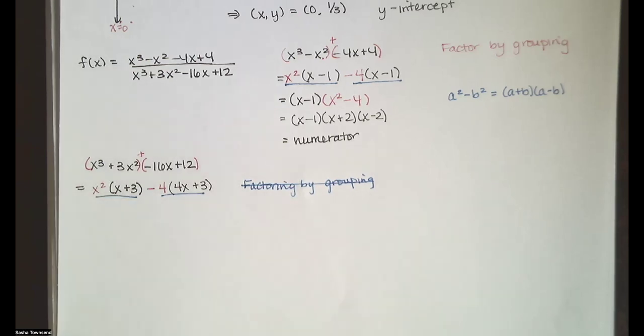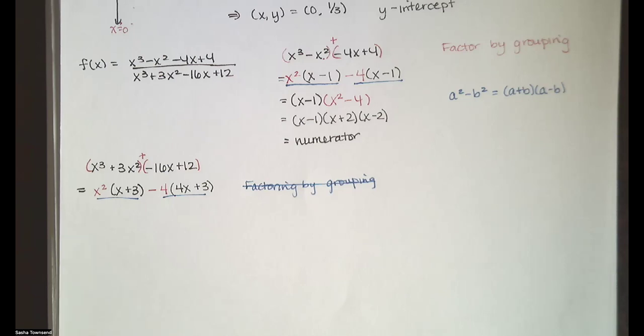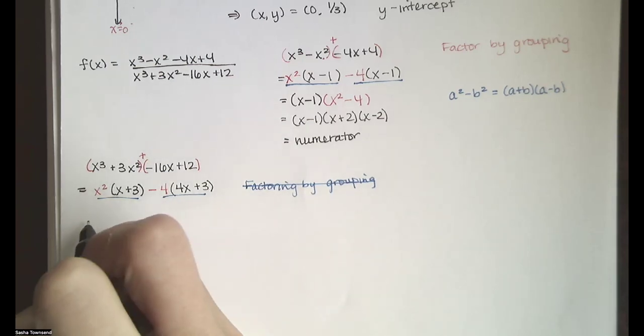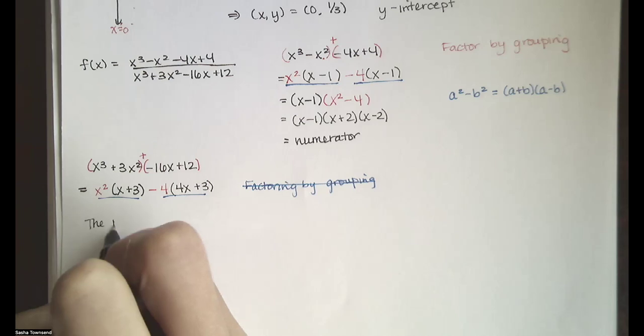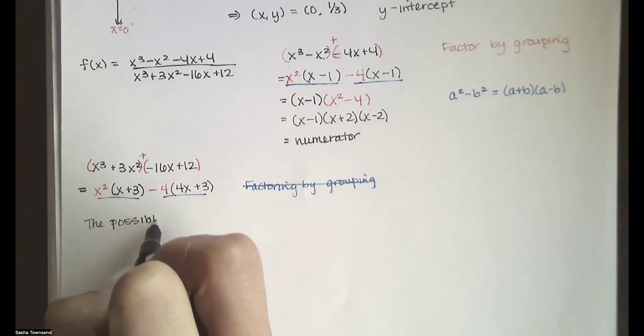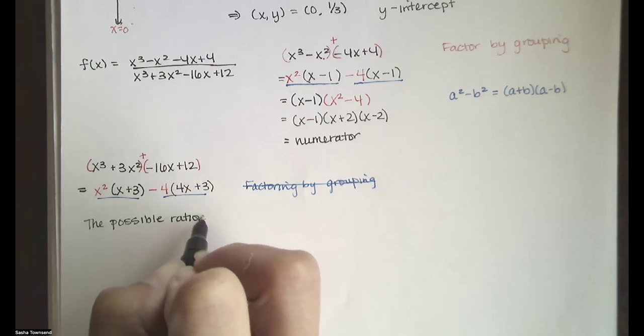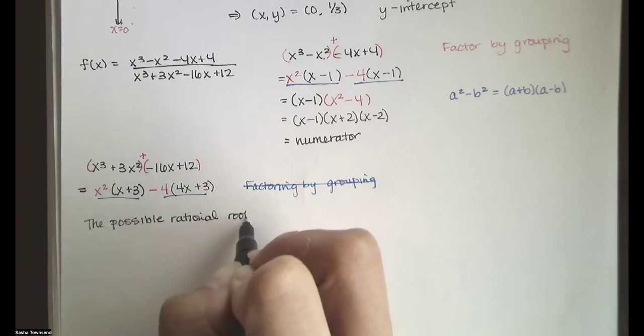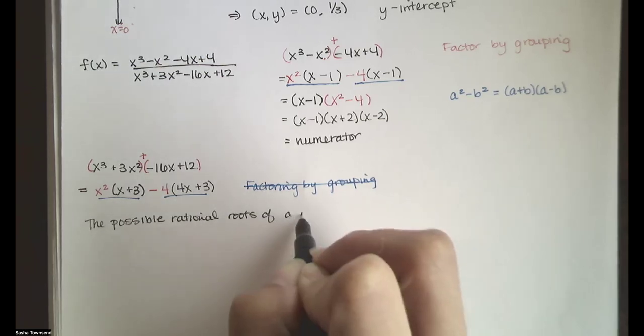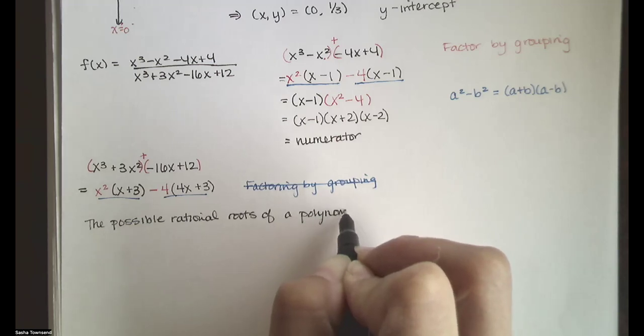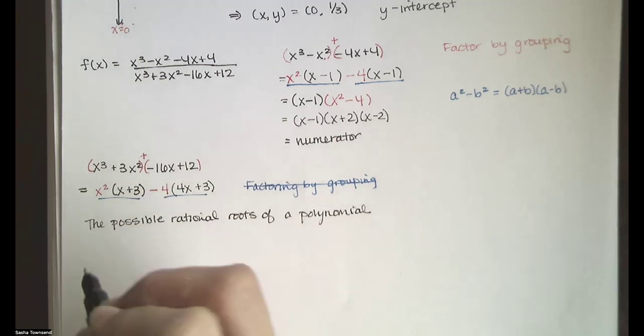And one way that we can factor that expression is to use what's called possible rational roots. The possible rational roots of a polynomial function are given by the following.